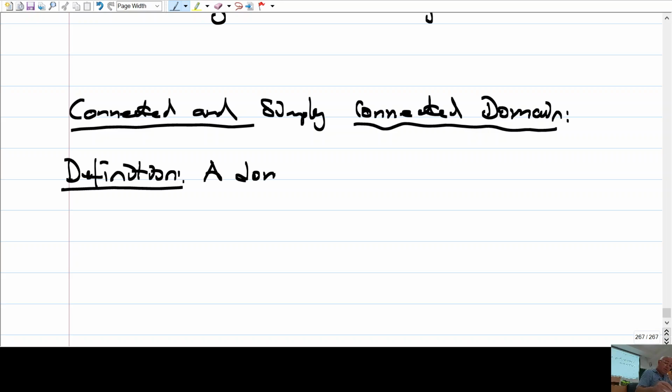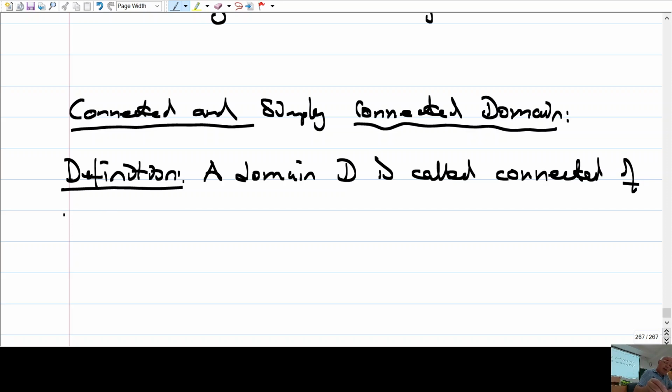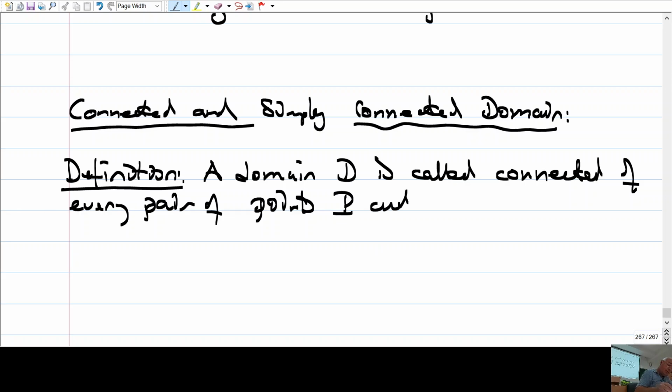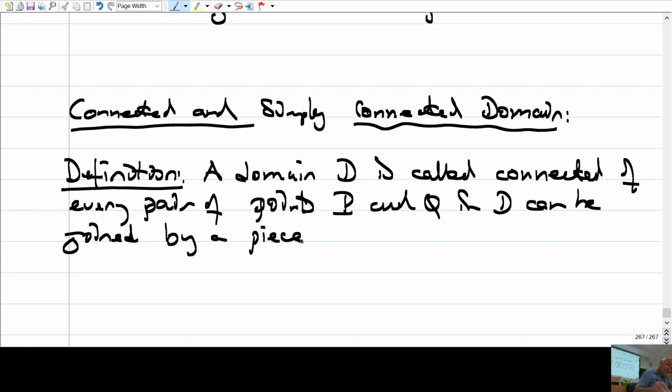A domain D is called connected if every pair of points P and Q in D can be joined by a piecewise smooth curve lying in D.